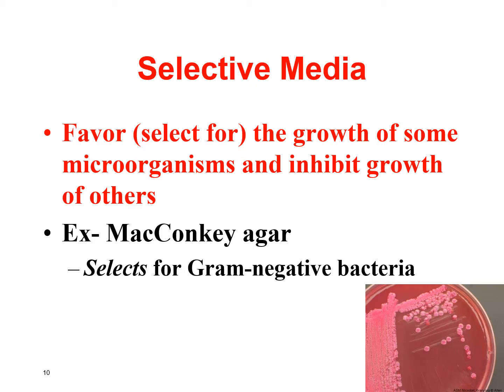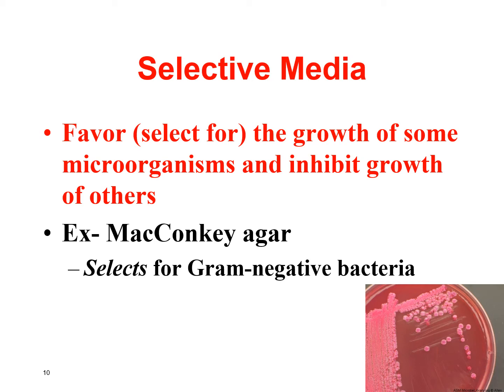Okay, selective media, if you look at the name, it tells you what it's going to do. So selective media is going to select for the growth of some microorganisms and then inhibit the growth of others. So a great example of selective media is called MacConkey agar. MacConkey agar selects for gram-negative bacteria, and it doesn't let gram-positive bacteria grow on it.